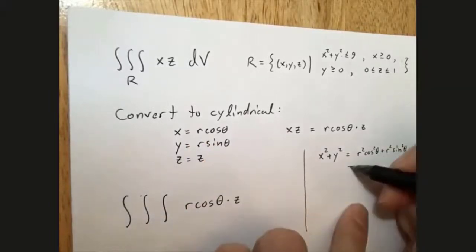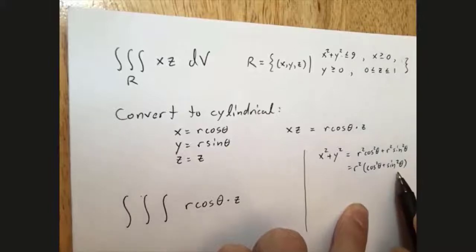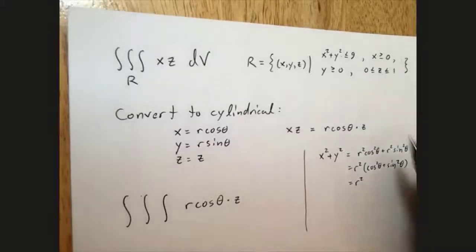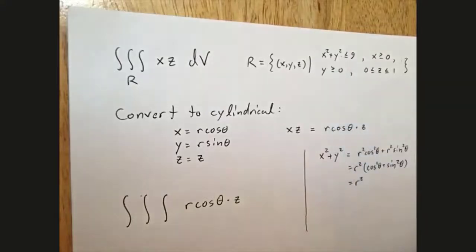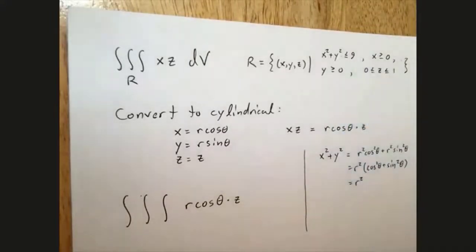I can factor out the r squared. And cosine squared plus sine squared we know is always equal to 1, right? So this is just r squared. So that's very nice. This just becomes r squared is less than or equal to 9, or in other words, r is less than or equal to 3.